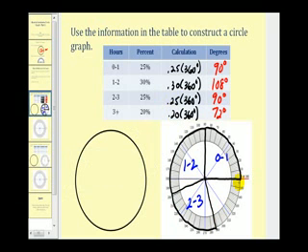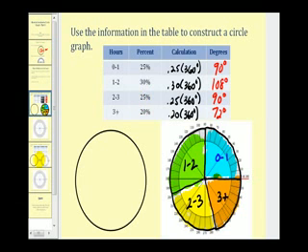And then the last category here is 72 degrees, which represents 3 or more hours. And a lot of times they'll shade these with a nice color so they stand out. So to construct a circle graph or pie chart, it is important that we have a protractor so we can make these sectors the correct size to represent each category correctly.